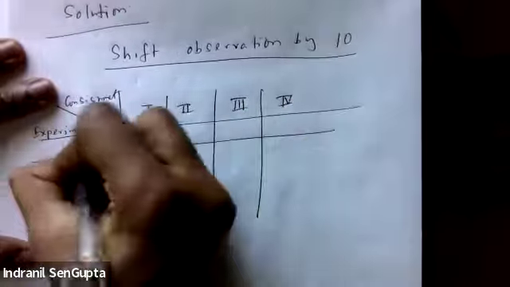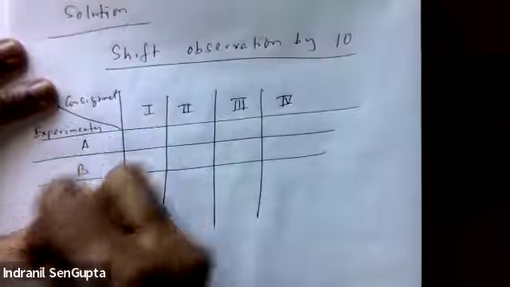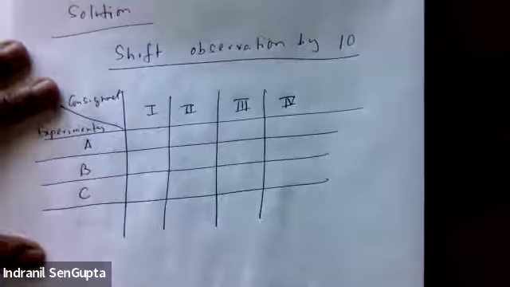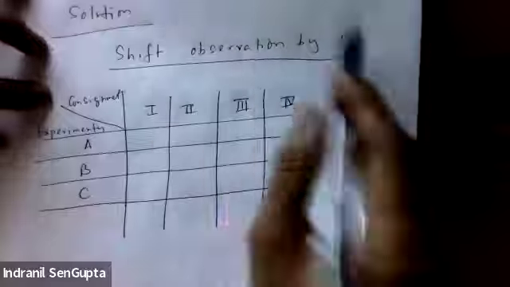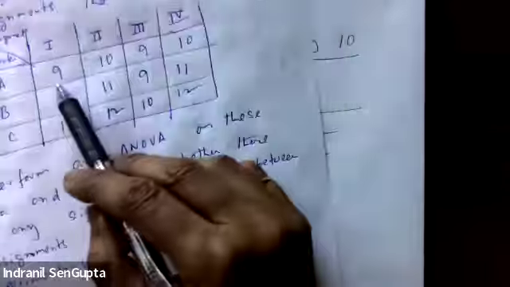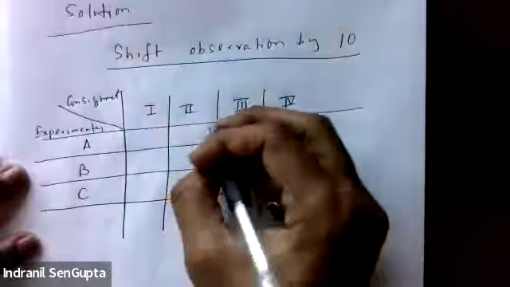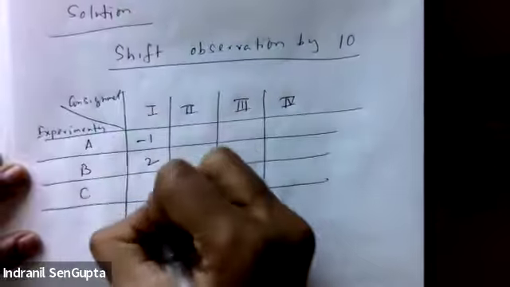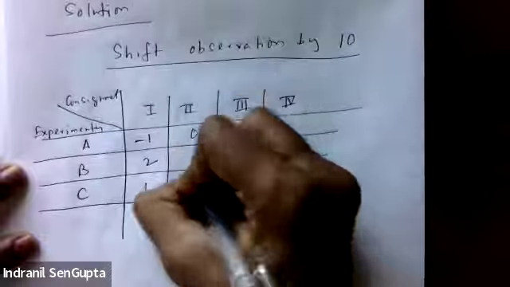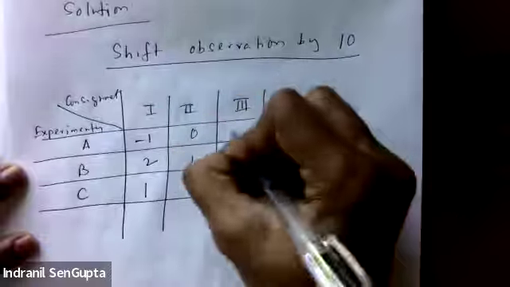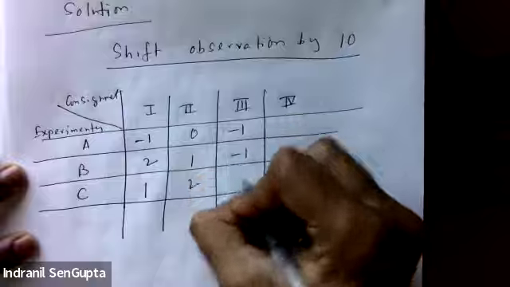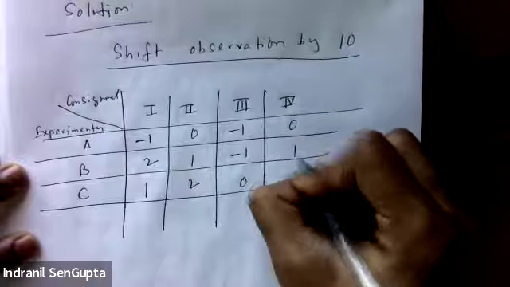And then I have A, B, and C. So I'm basically replicating the previous table. So I'm just shifting everything by 10, so this number 9 will be -1, this is 2, this is 1, and so on. So it's -1, 2, 1, 0, 1, 2, -1, -1, 0, 0, 1, 2.